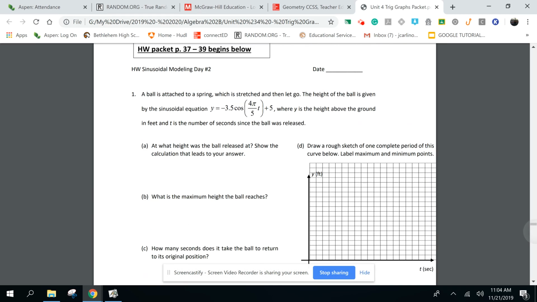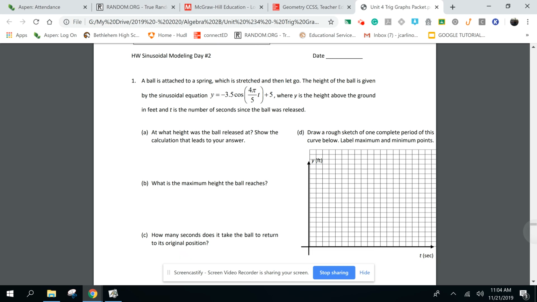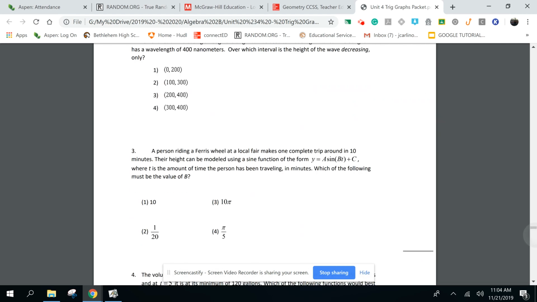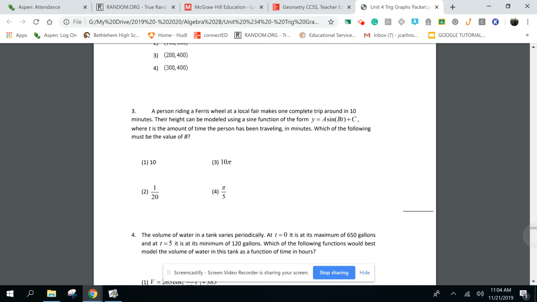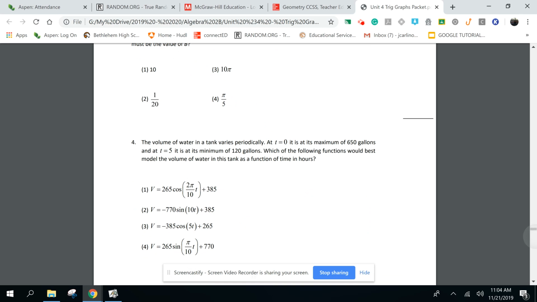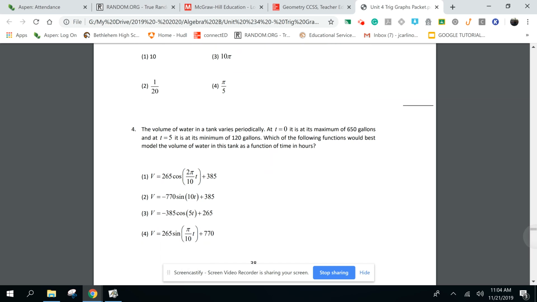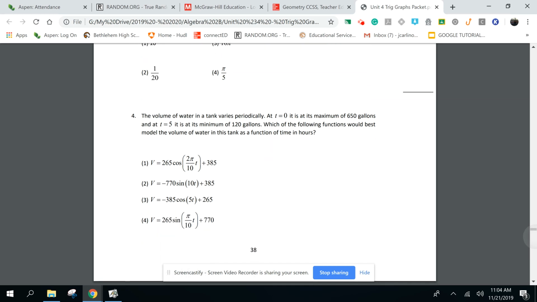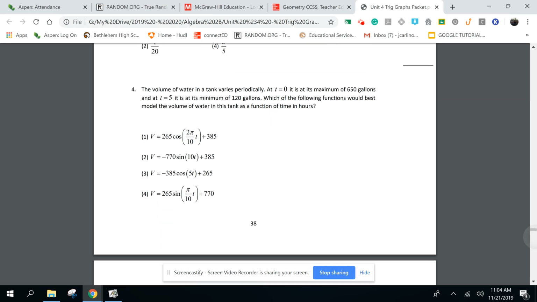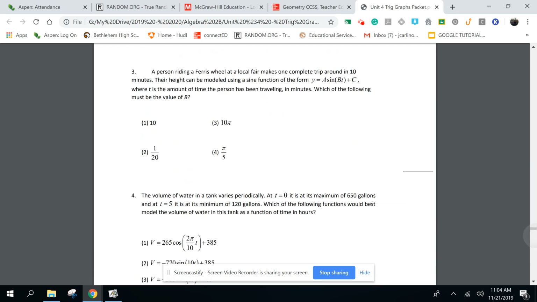And then there was one that we were supposed to do, I don't know if in class yesterday, but it was like 60 cycles every second, so then it was 1 over 60. Yep. Okay, this one right here, number 4 on page 38.